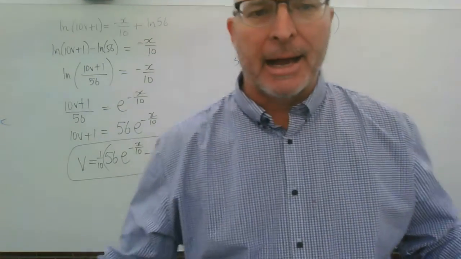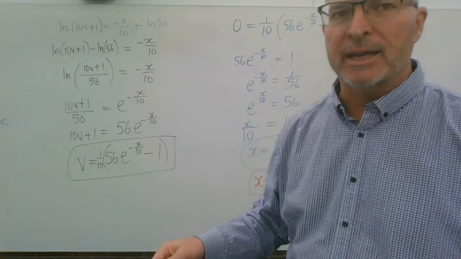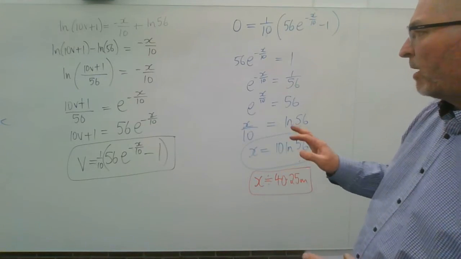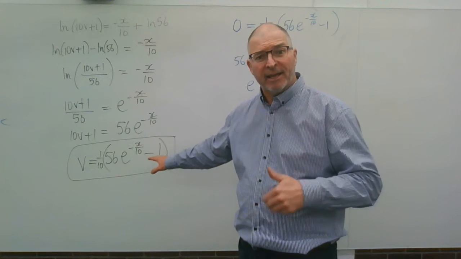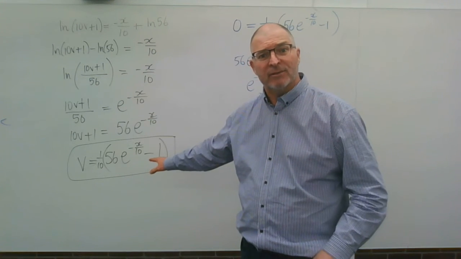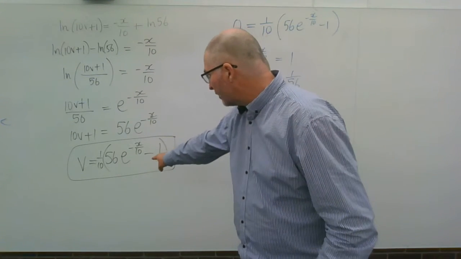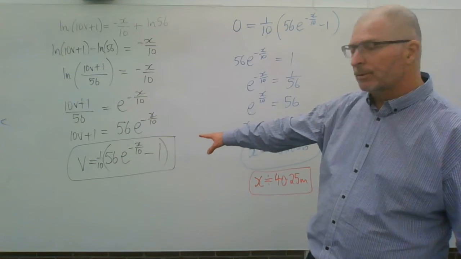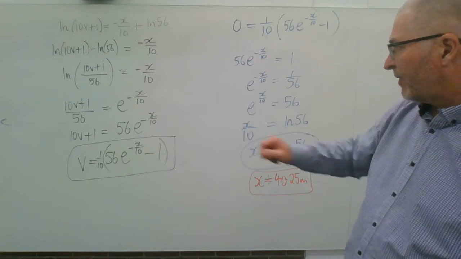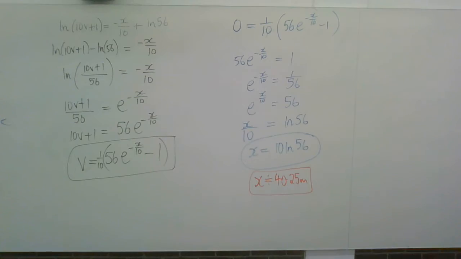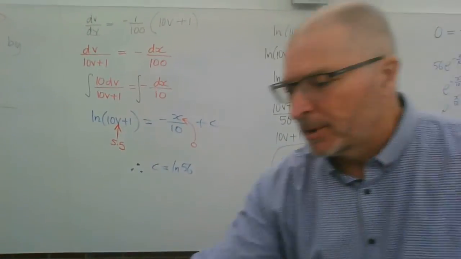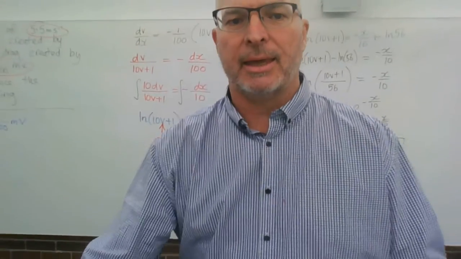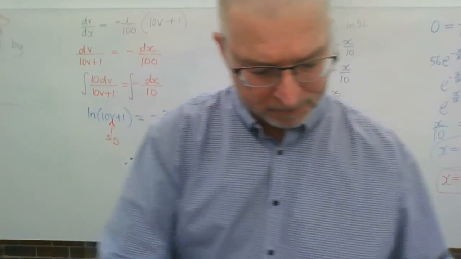So I'll need a bit of room to do that, and I'll need to start with my velocity equation, because that's dx/dt. If I integrate that, I can get x as a function of t. That's why I'm heading back here to this spot.